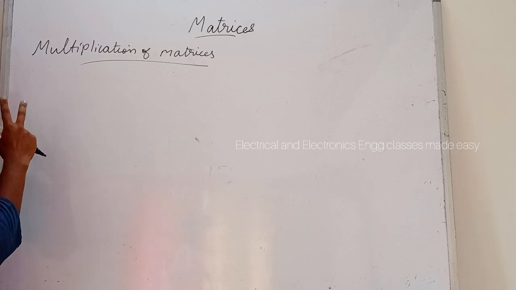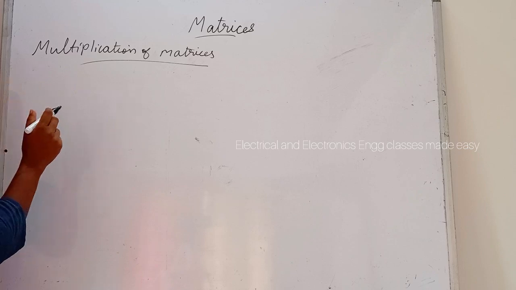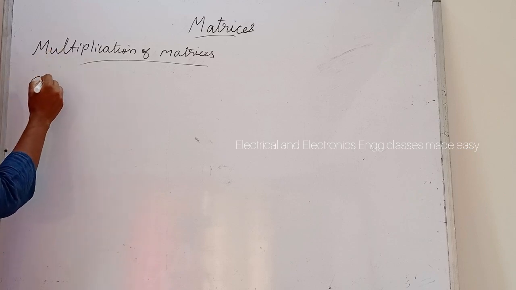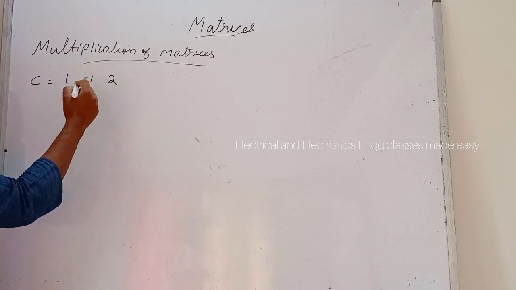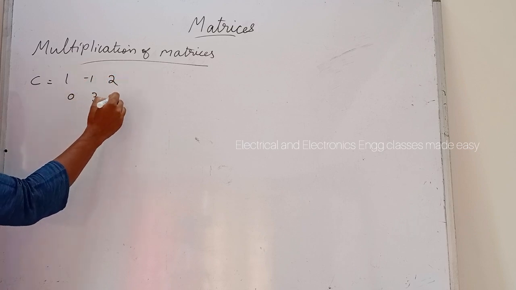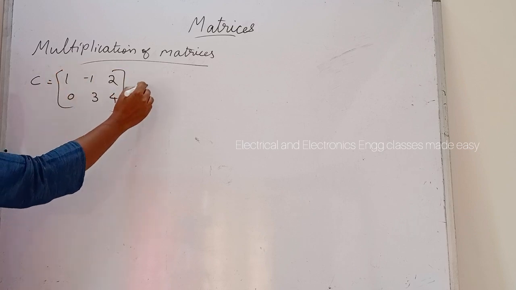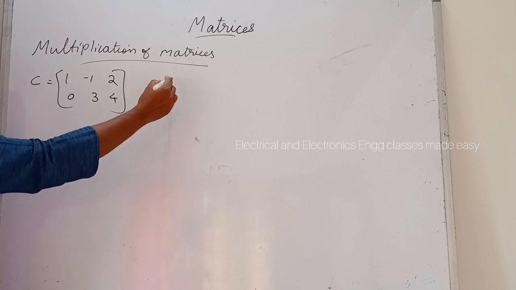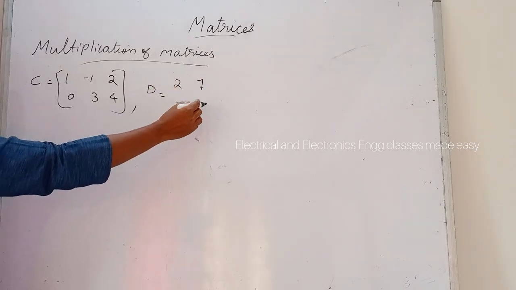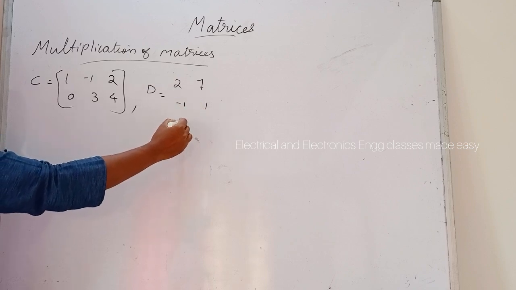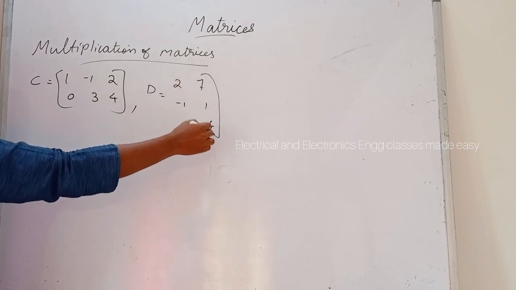Let us check the multiplication of matrices. So let C be the matrix with rows 1, minus 1, 2 and 0, 3, 4, and D be the matrix with rows 2, 7, minus 1, 1, then 5, minus 4.